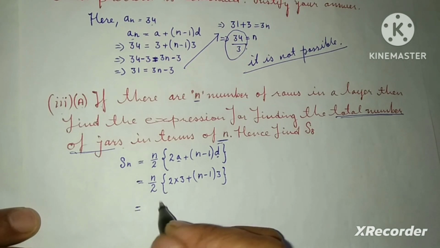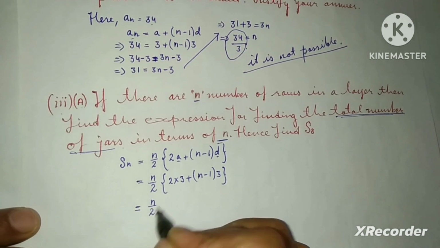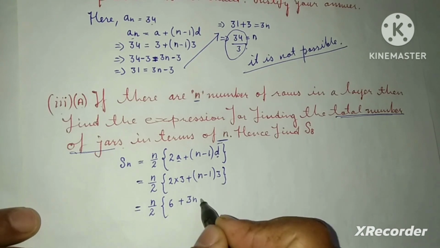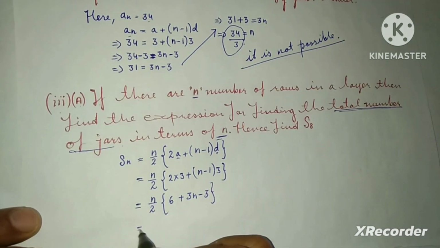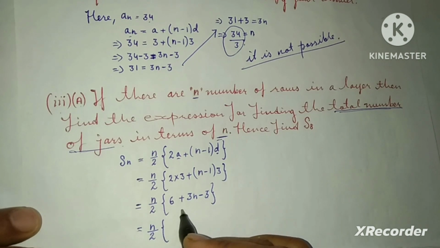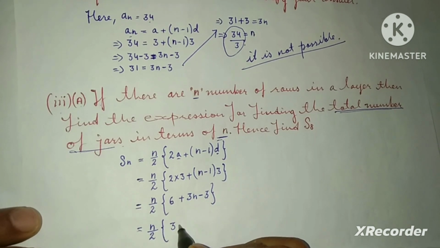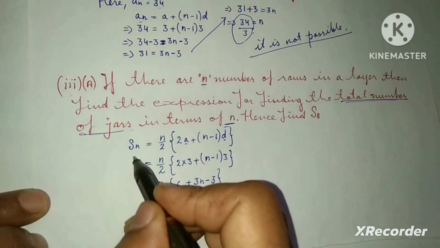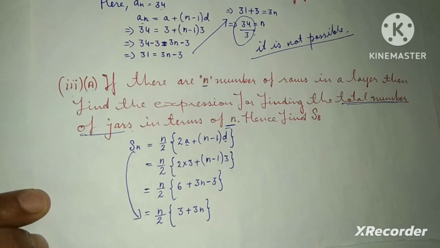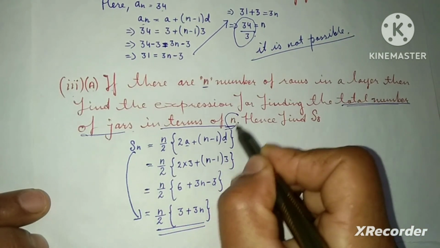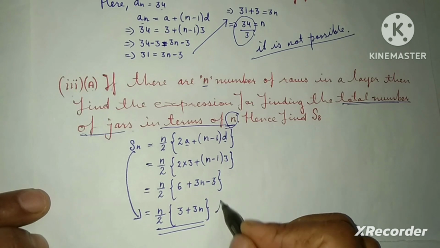Then, okay, in this way we obtain Sn equal to this expression, which is in terms of n, right? This is our answer.